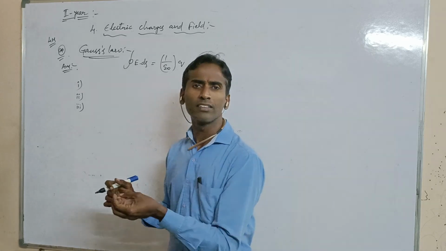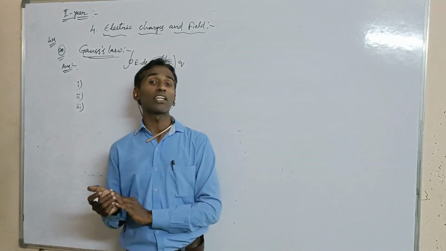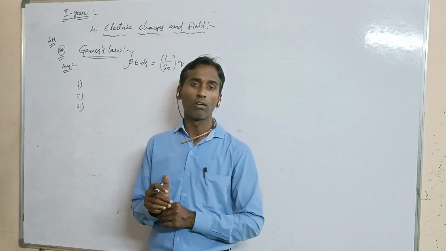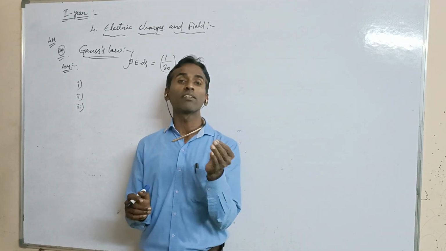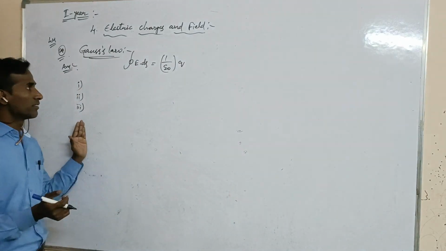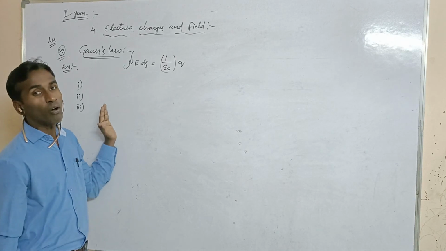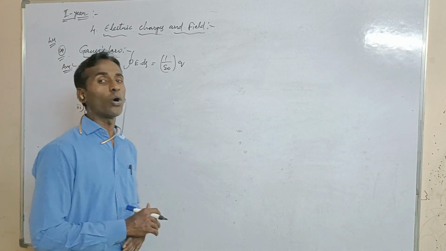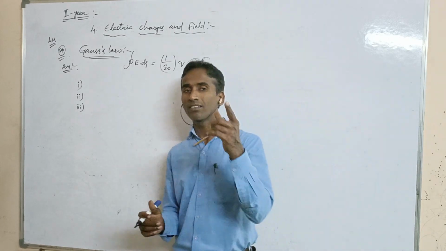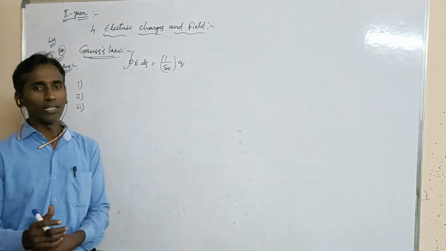We can calculate the intensity of the electric field by using this Gauss law, for the symmetrical system. This is the third importance. So these are the importance of this Gauss law. I hope you all understand. If you are not understanding, send your comments.